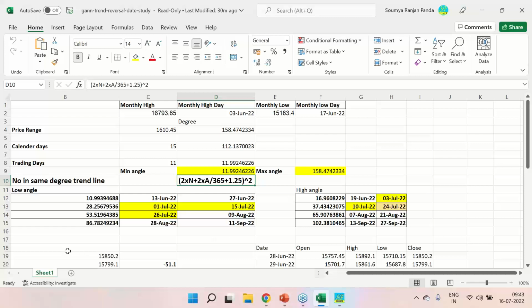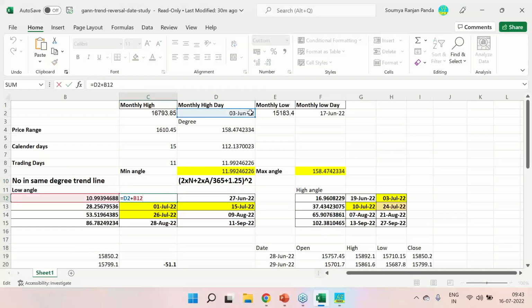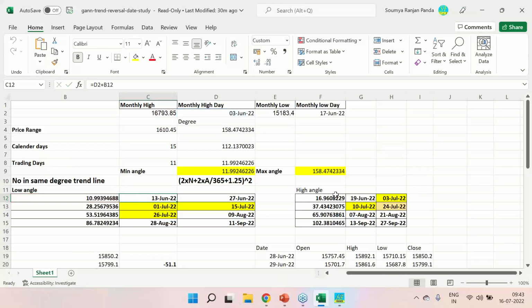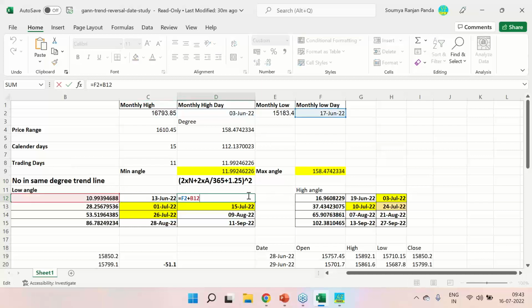So after these numbers are found, I am adding them to the low formation day and the high formation day, 17th June and 13th June. I am getting different dates.